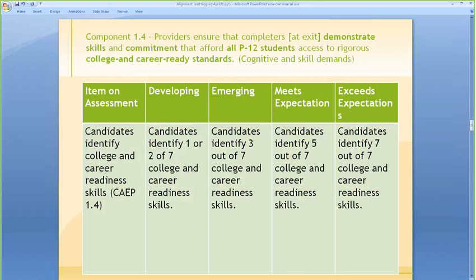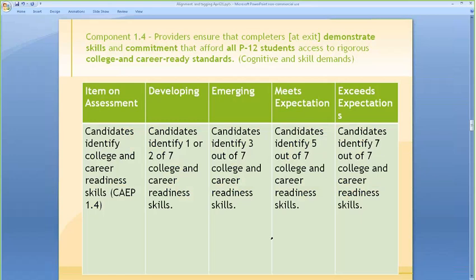So here you see that this is focused on candidates identifying college and career readiness skills. Again, another assessment item that's aligned with CAPE 1.4. I think that in this, again, what you've got here is a frequency count, which doesn't really get at skill at all, okay?